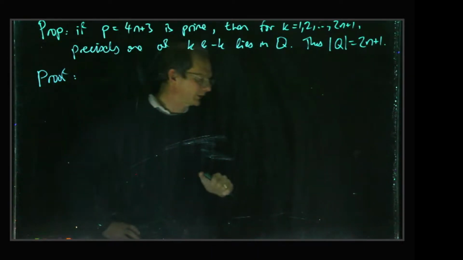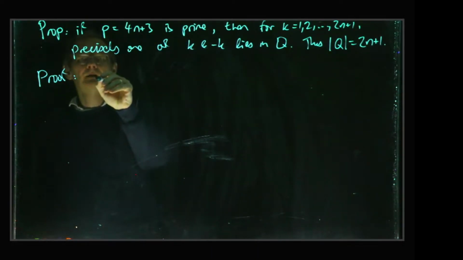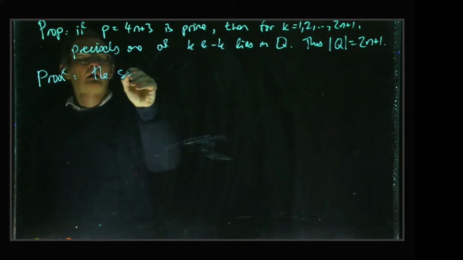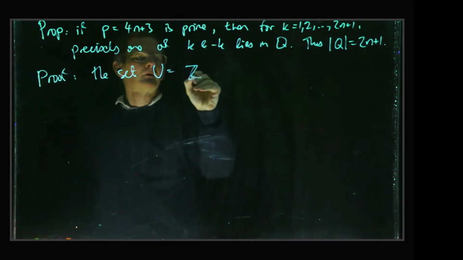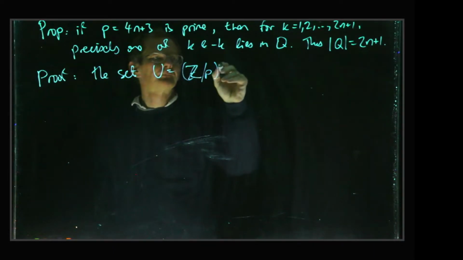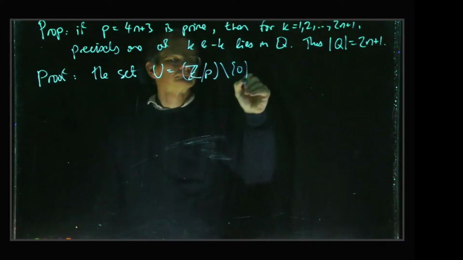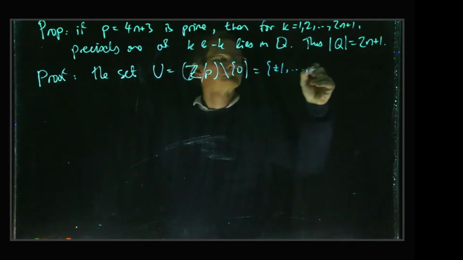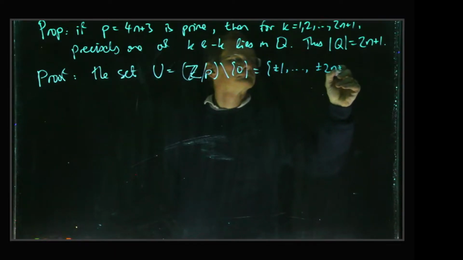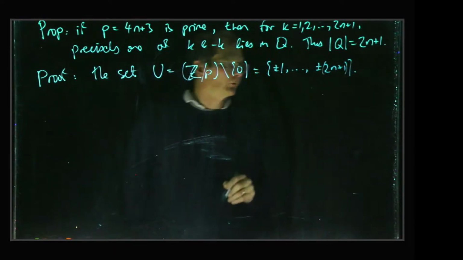Okay, so the proof. The set U, we'll call this U, is Z mod P with 0 removed. So that's all these things here.